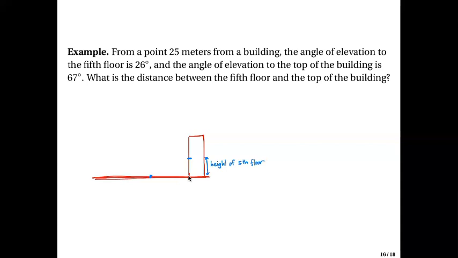So according to the problem, the angle of elevation in here is 26 degrees. And then the angle of elevation from this same point to the top of the building, this is the top of the building, is 67 degrees.